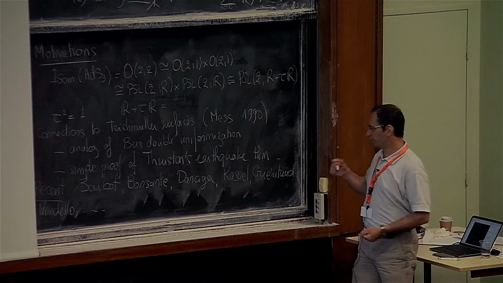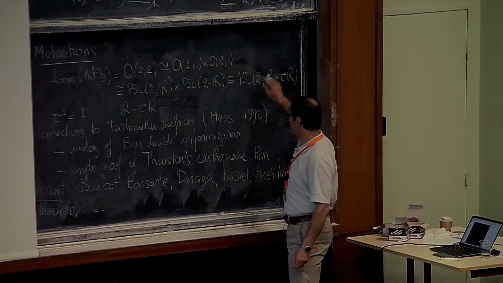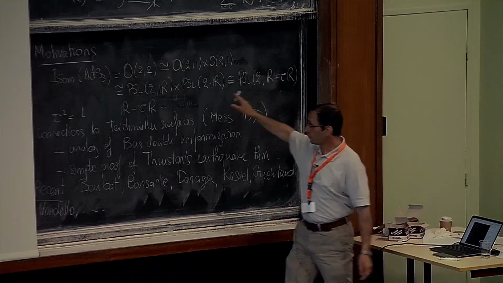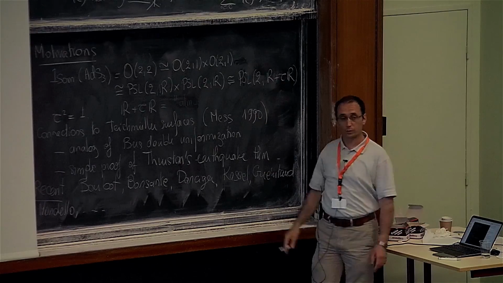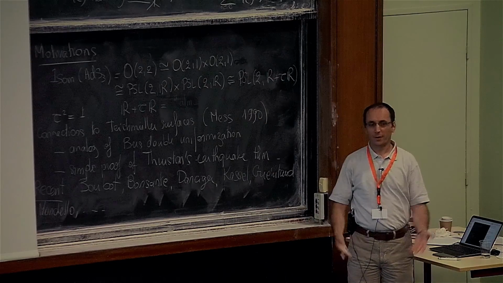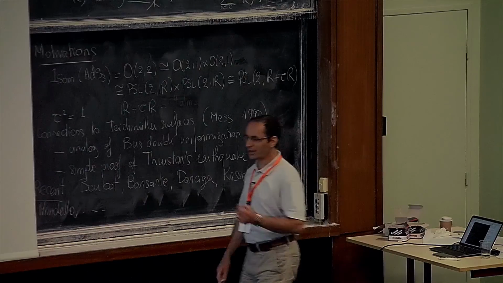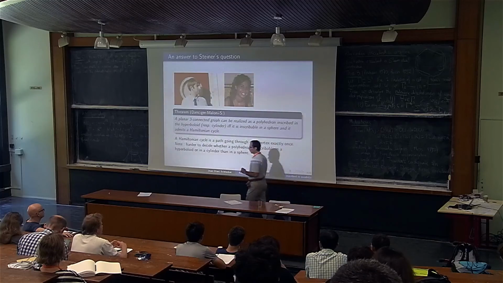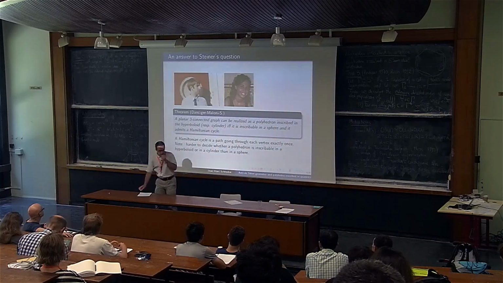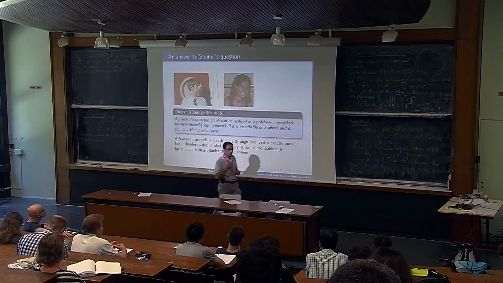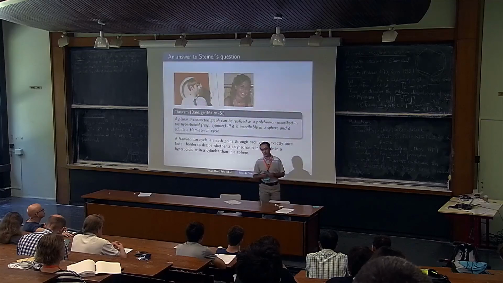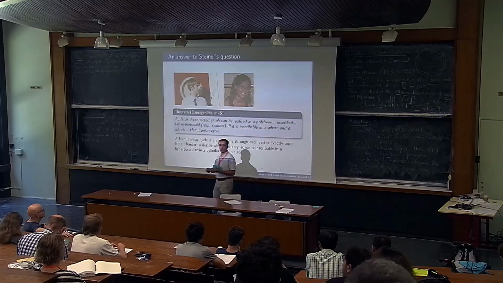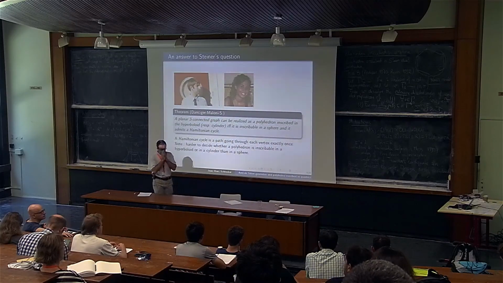If you look at it in this way, you can identify the isometry group of ADS3 with PSL2 of R plus tau R. And if I have time, I'd like to show you at the end of the talk another situation where you can do something very analogous to what you do in complex geometry, with C replaced with R plus tau R. And you actually prove a theorem using this.